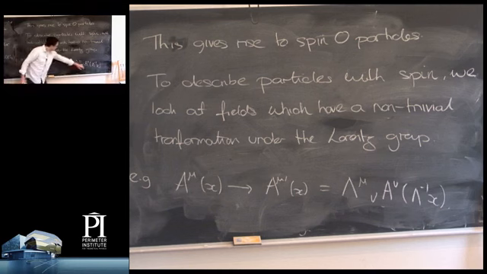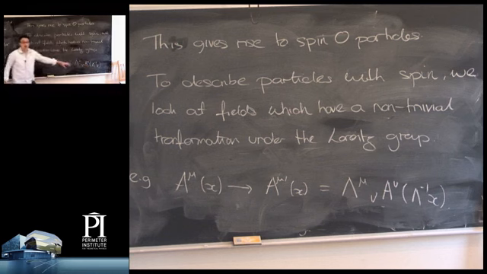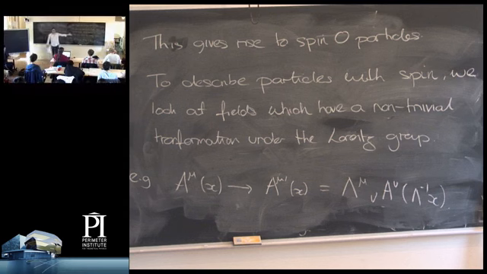Okay, so the spatial part changes, the argument changes as for a scalar field. But now, of course, when you do, say, a rotation, the electric field in the x-axis rotates into the electric field in the y-axis. So that's what this guy here is telling us.